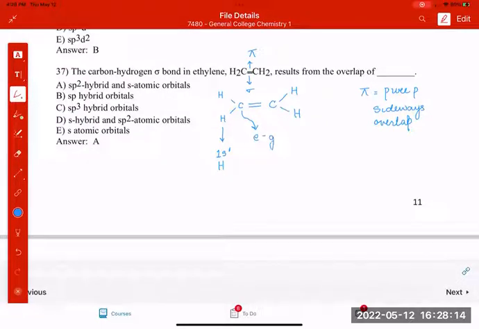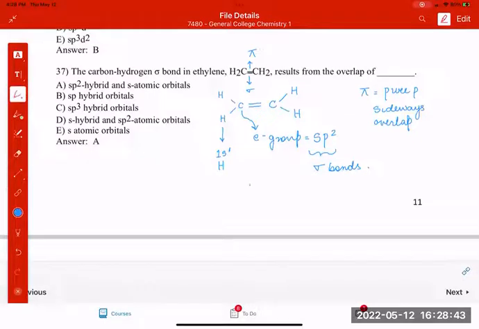That's what you need to see. 3 electron groups relate to sp2. So these sp2 orbitals are the ones that are making the sigma bonds, with the 2 hydrogens and with the other carbon.